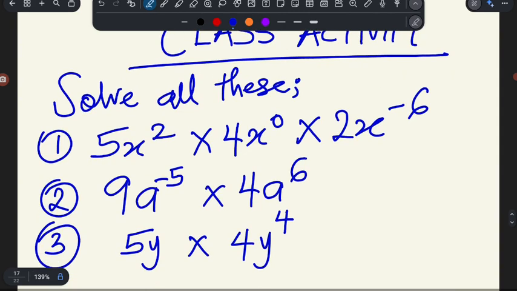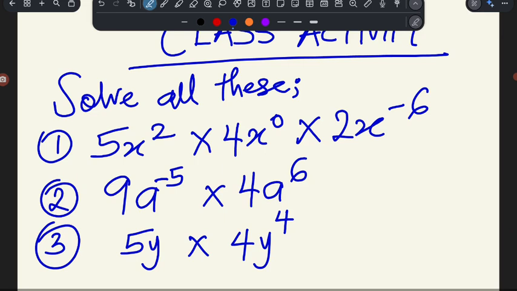So solve all this. The first one says that 5x squared times 4x raised to the power 0 times 2x raised to the power minus 6. Number 2, 9a raised to the power minus 5 times 4a raised to the power 6. You have to simplify.